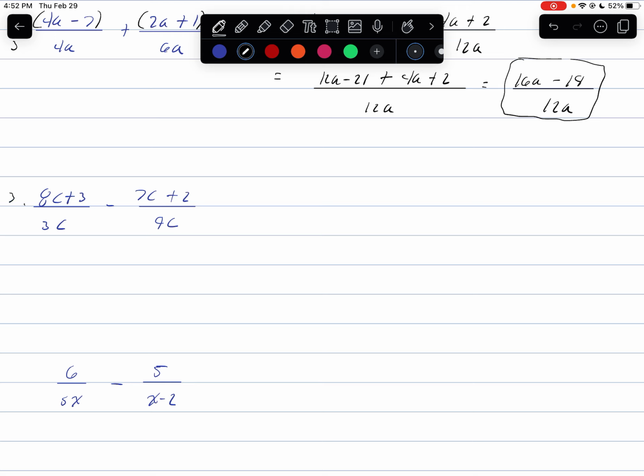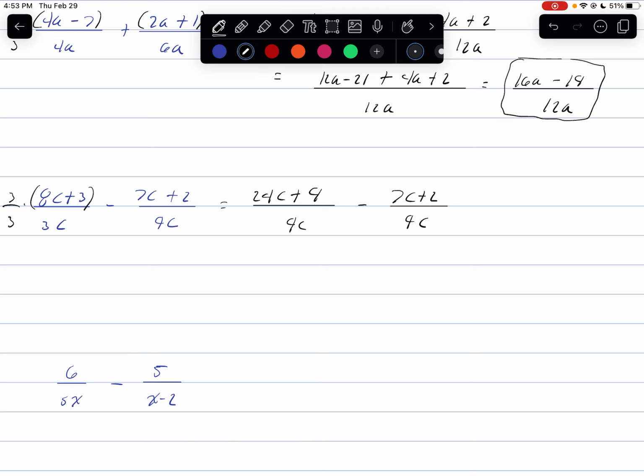So if we do 3 over 3, this whole expression becomes 3 times 8c plus 3, which gives 24c plus 9, over 3 times 3c, which gives 9c, minus 7c plus 2 over 9c.